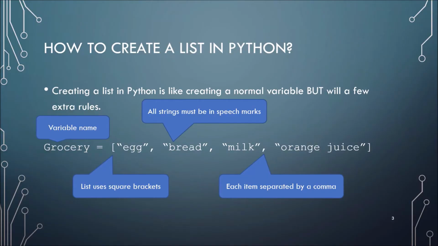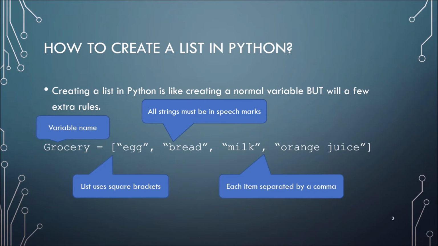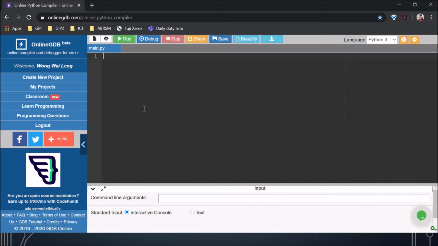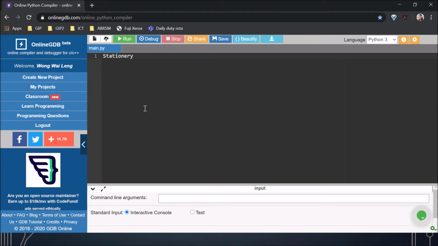Now, the example given is grocery or fruits, but I am going to use my own variable. I'm going to name it stationery.